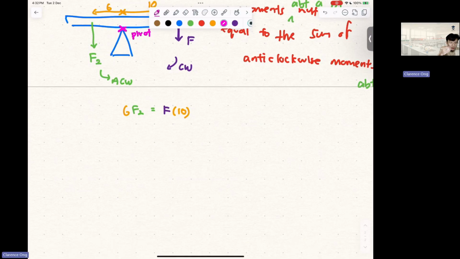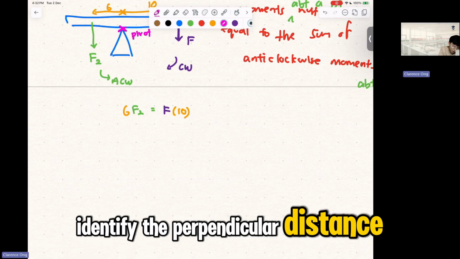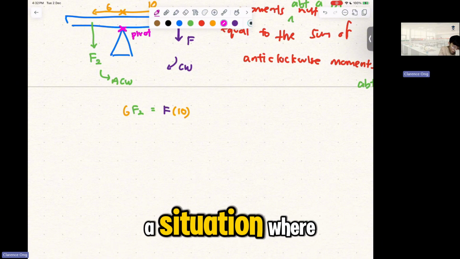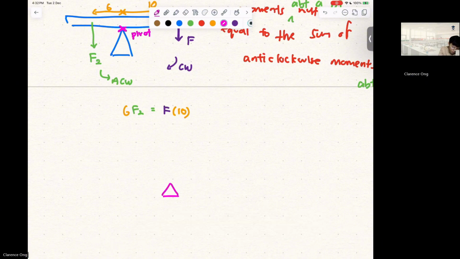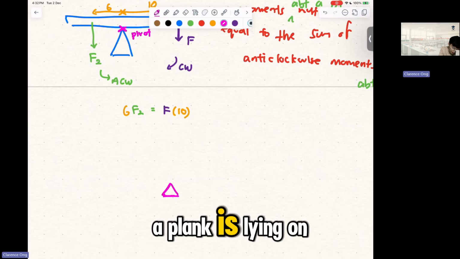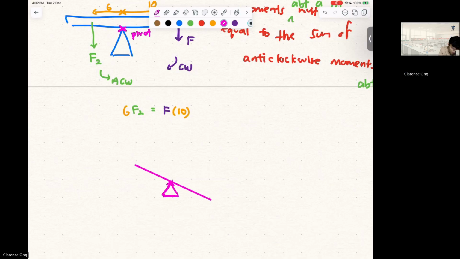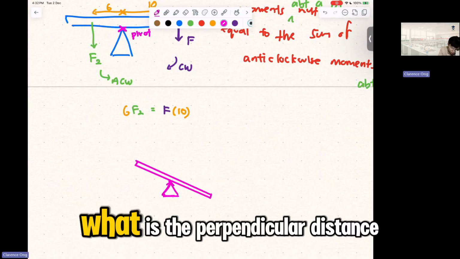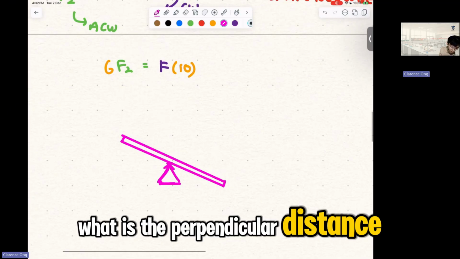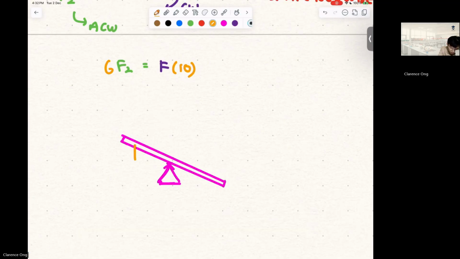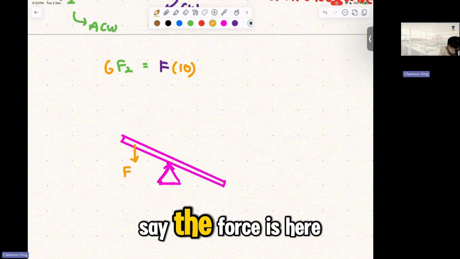There's a common question where they ask you to identify the perpendicular distance. So let's say you have a situation where a plank is lying on a pivot in this manner. What is the perpendicular distance that we should consider if, say, the force is here?